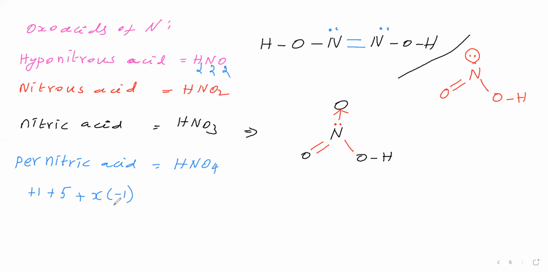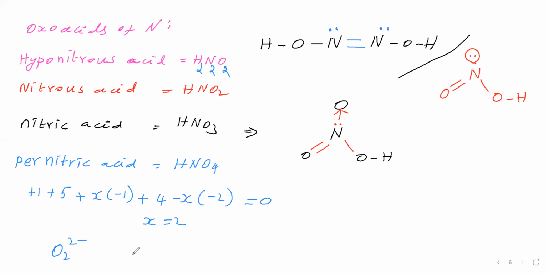The remaining are oxides, meaning 4 minus X, with oxygen oxidation number -2. The net charge is equal to 0. Now you find X. X is equal to 2. That means 2 oxygens carry -1, that means 1 peroxide linkage is present. 1 peroxide means O2 2 minus.